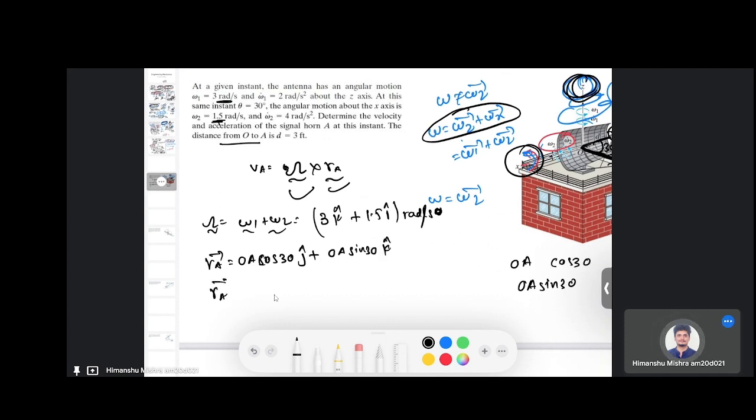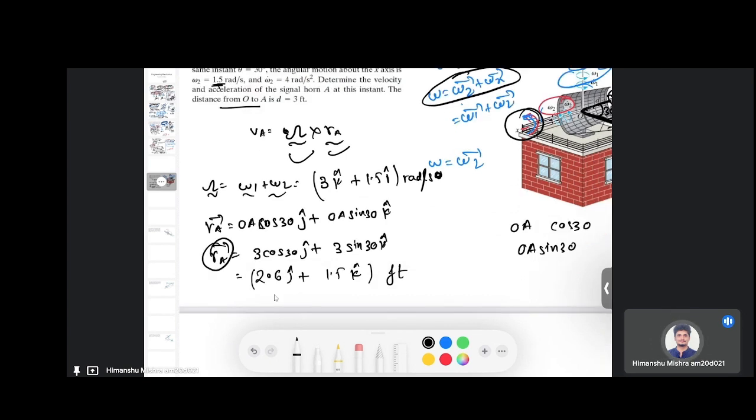So RA will be 3 cos 30 j cap plus 3 sin 30 k cap. So it will be 2.6 j cap plus 1.5 k cap, in feet. So now we have RA, we also have omega.